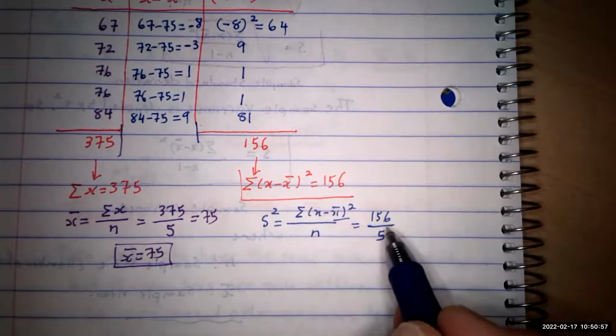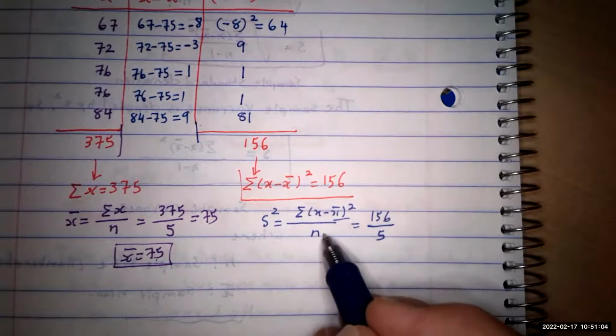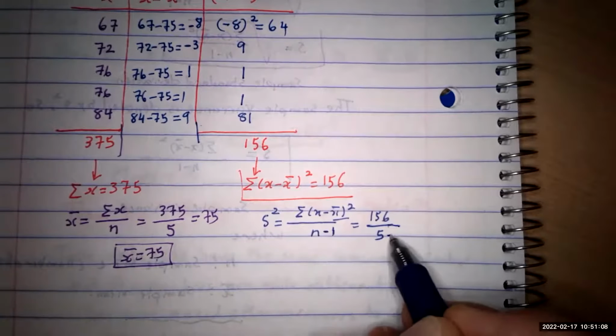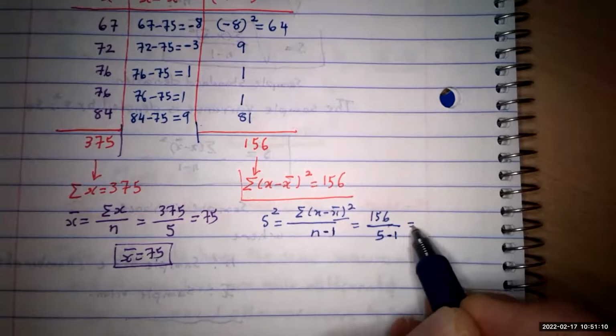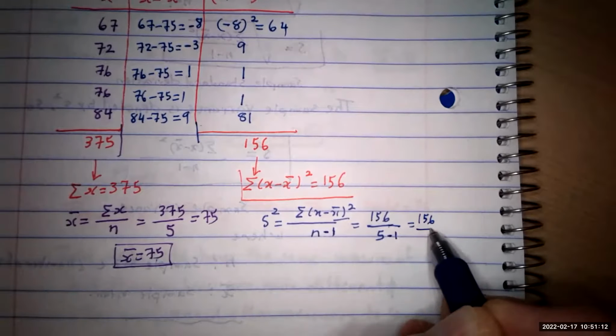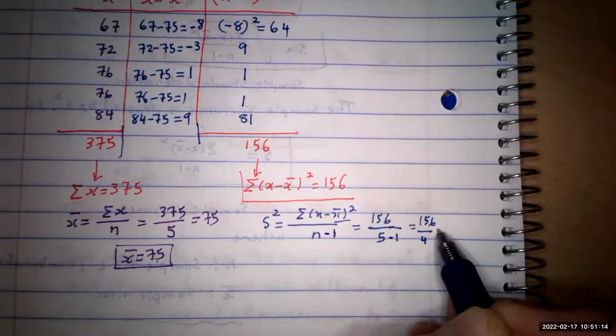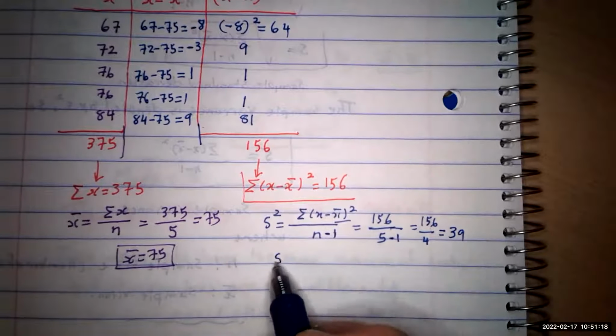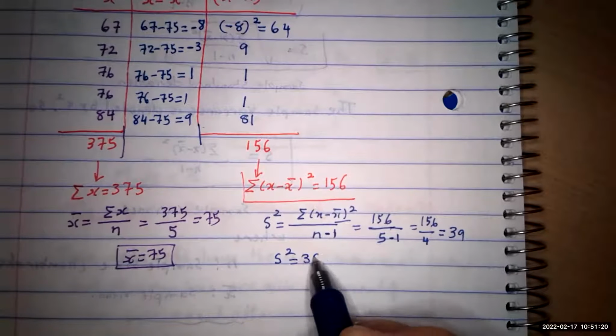So that would be 156 divided by, sorry, this is n minus 1, remember? This n minus 1 is going to be 5 minus 1. So it's going to be 156 divided by 4, which is going to be 39. So s squared is 39.